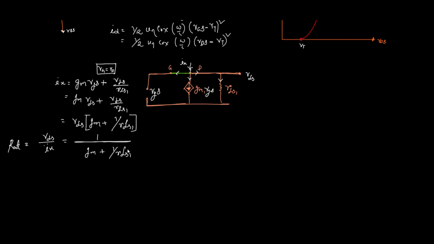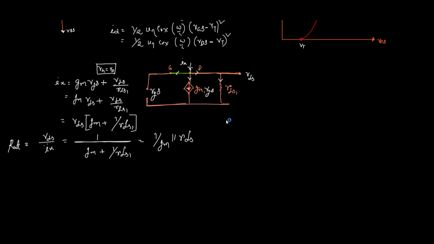So we can further simplify it, and finally we get that one upon gm1, or simply gm parallel rds.